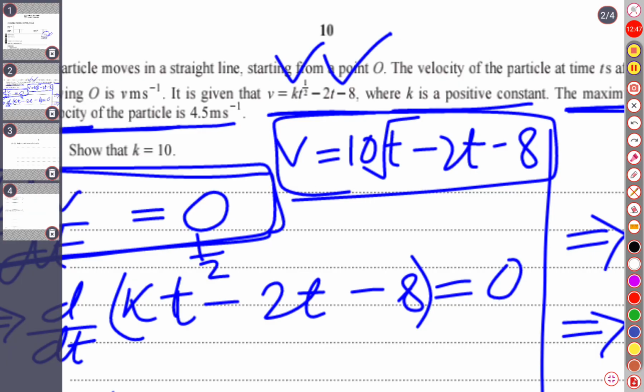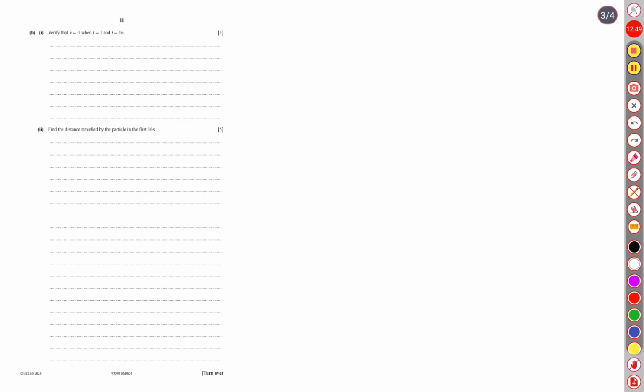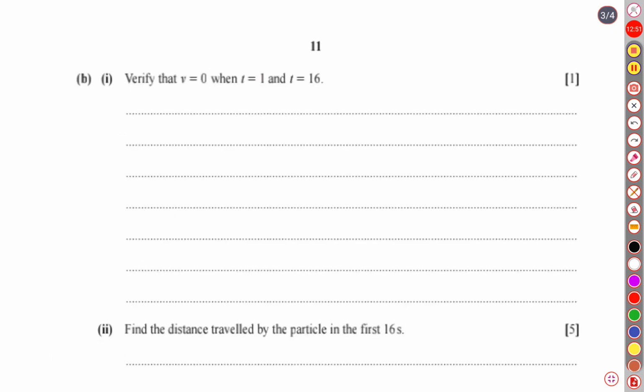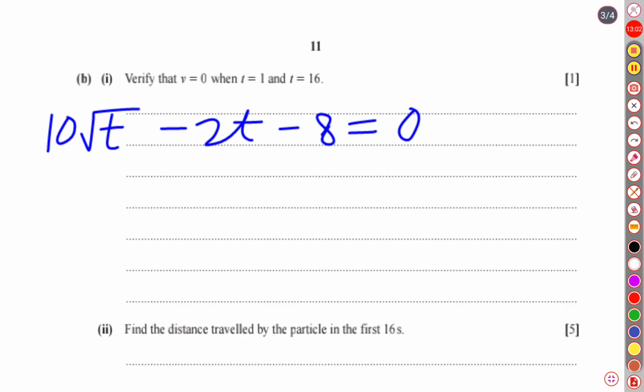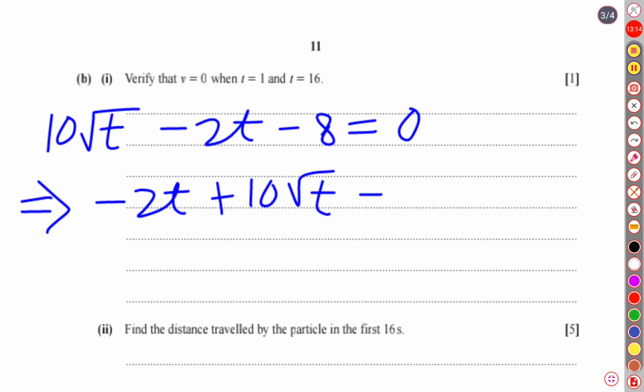Let it be written there: 10 square root of t minus 2t minus 8 is equal to 0. Then we can standardize this. This is actually 2t, because t has the maximum exponent: 2t plus 10 root t minus 8 is equal to 0.